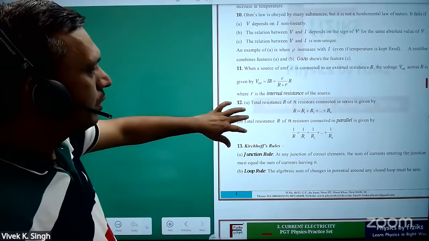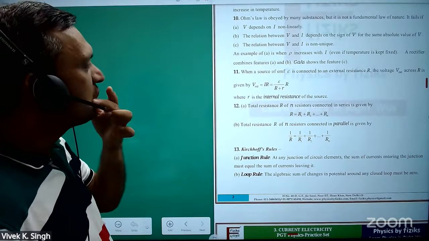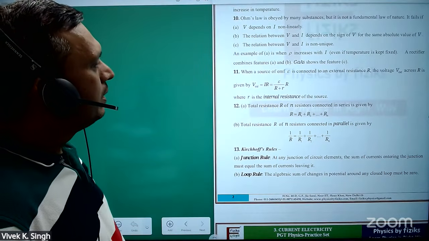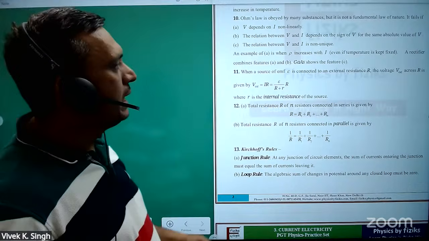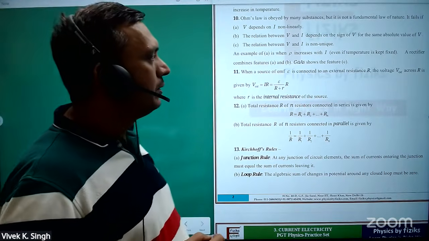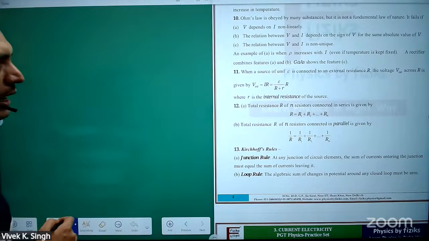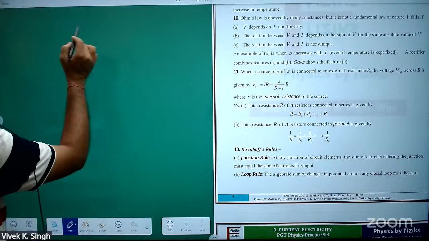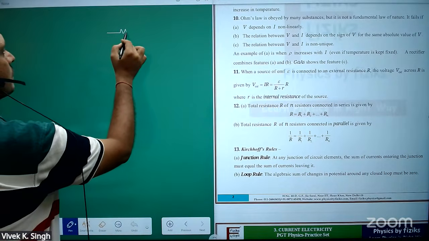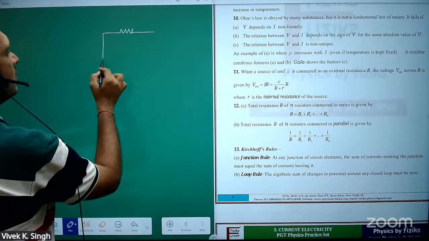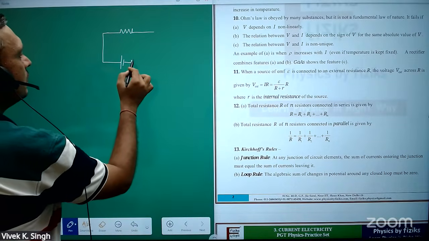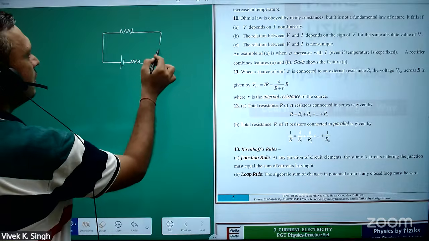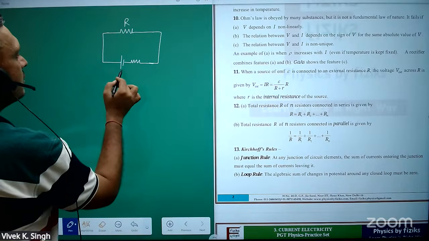Now, as I have already told you, when a source of EMF is connected to an external R, the voltage V external across R is given by, so this is R, this is the EMF.